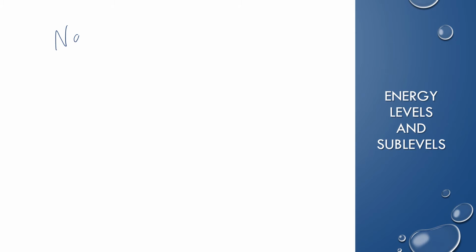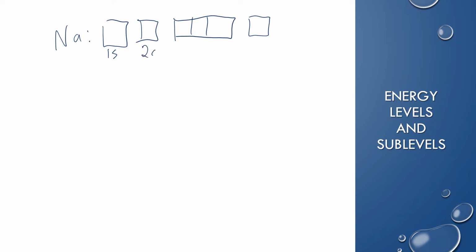Now let's look at those orbital diagrams. So 1s, 2s, 2p, 3s. Sodium has 11 electrons, like this.